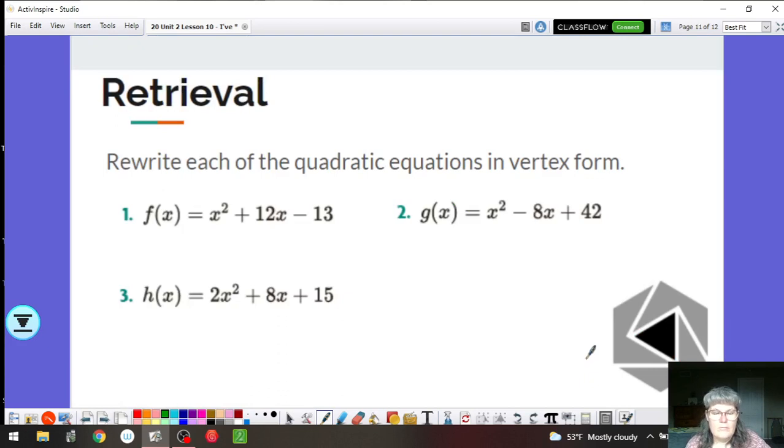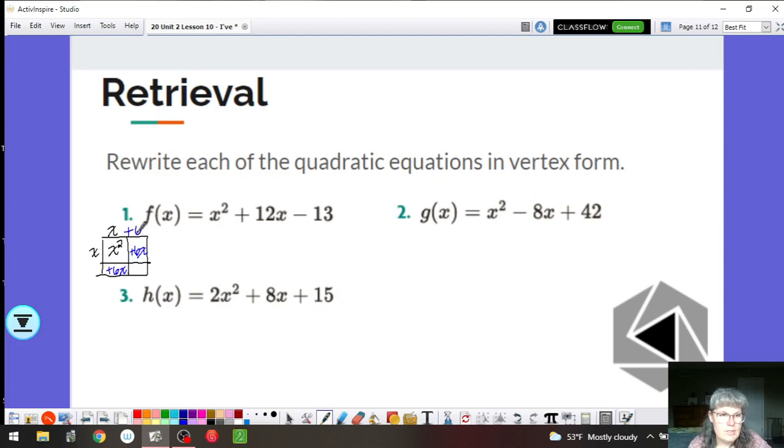So the first part of our retrieval is to do more practice writing in vertex form. So we have x squared plus 12x minus 13. So I start by drawing a square. We have x squared. We know we need to divide that 12x evenly. Half of 12 is 6. So we're going to have plus 6x plus 6x.